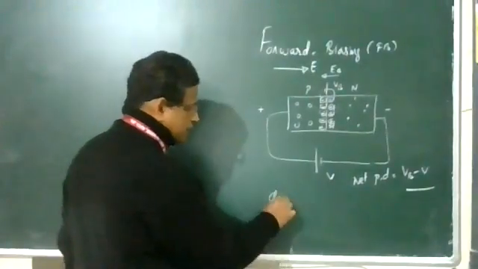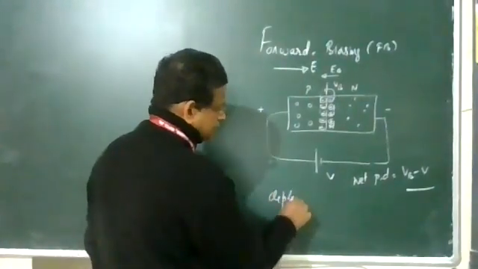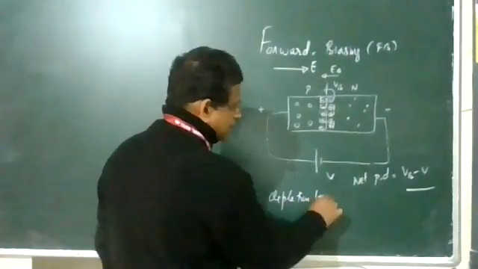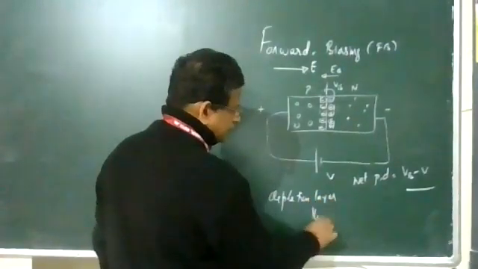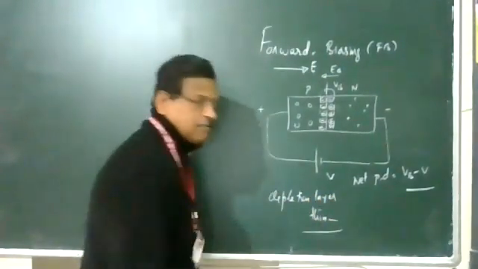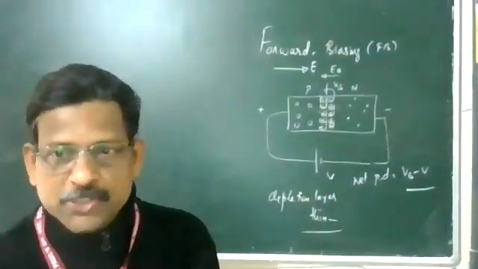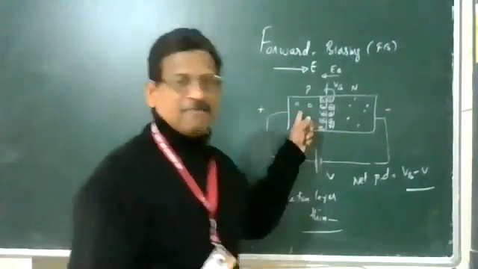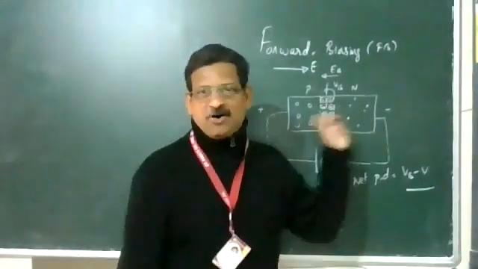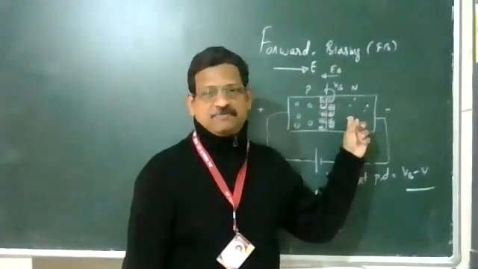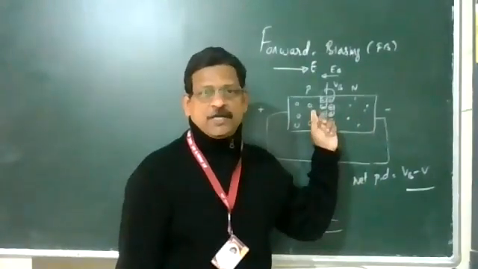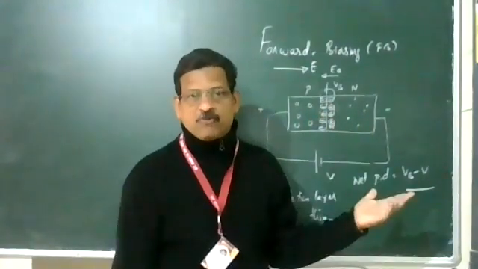That is a very important point: the depletion layer becomes very thin. Why? Opposition is reduced. Once the opposition is reduced, majority carriers are ready to cross the junction. So majority carriers find help under forward bias.